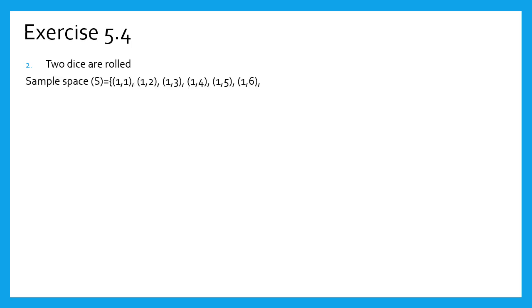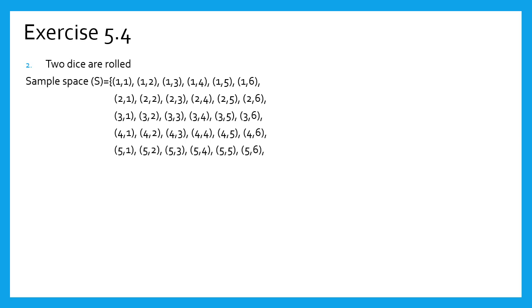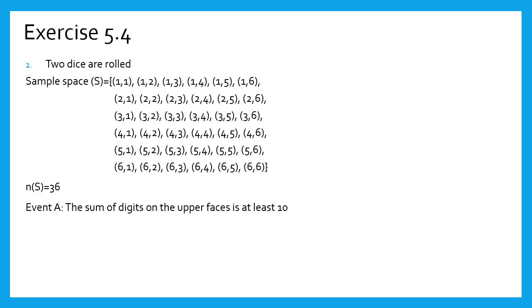Girls, read the second question. Here 2 dice are rolled. Write the sample space for 2 dice as shown. Thus, n(S) = 36. First event, A, sum of digits on upper faces is at least 10. The highest digits are 6, 6 and the greatest sum is 12.